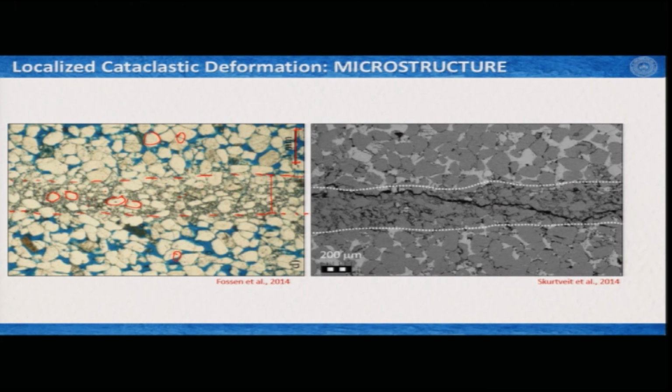We can also see the second image. This is a scanning electron microscope image, that is why it is in grayscale. We see a very similar feature. We have larger sand sized grains outside, the dark gray grains, and the lighter gray are the cements which filled the matrix.